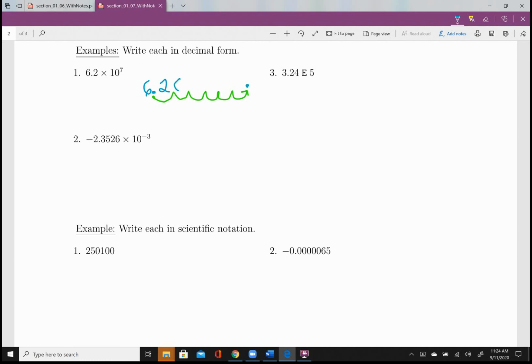So let's fill it up with some eggs. And by that I mean zeros. All right, once the egg carton is full, then you essentially have your new number in decimal form. I'll rewrite it because this is just my work shown, but my final answer is actually 6, 2, and then 5 zeros after that.